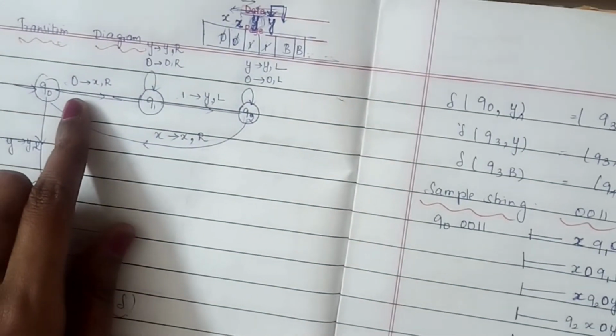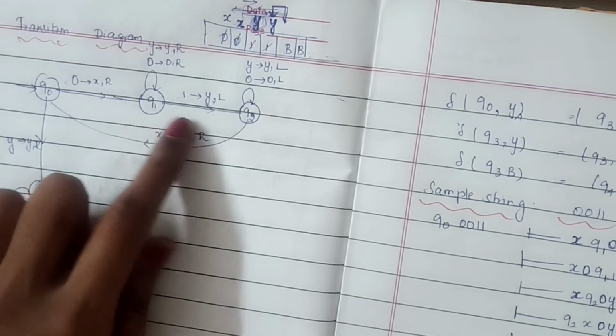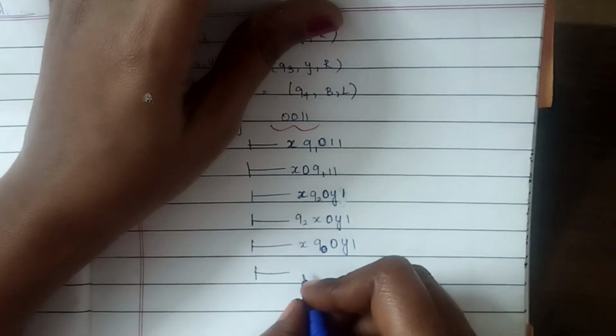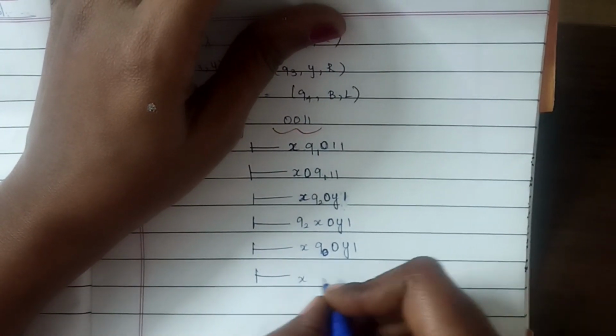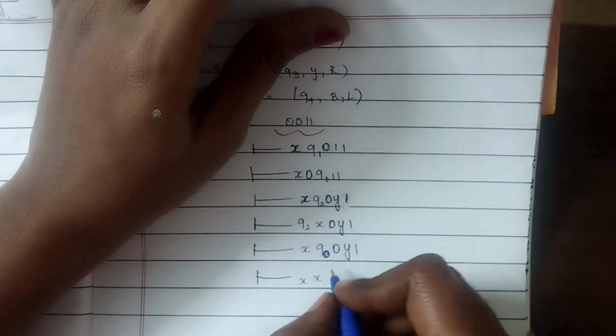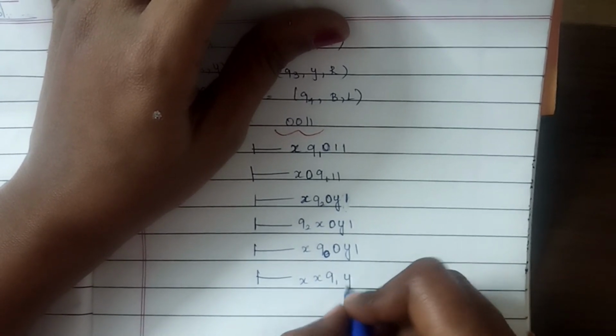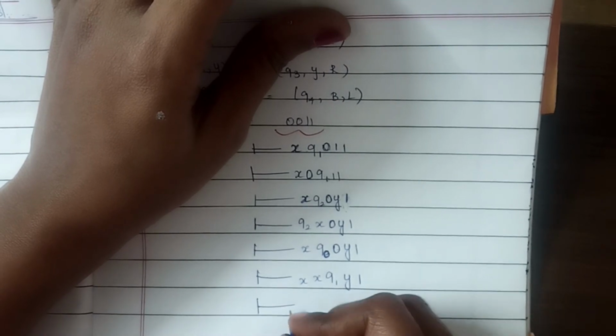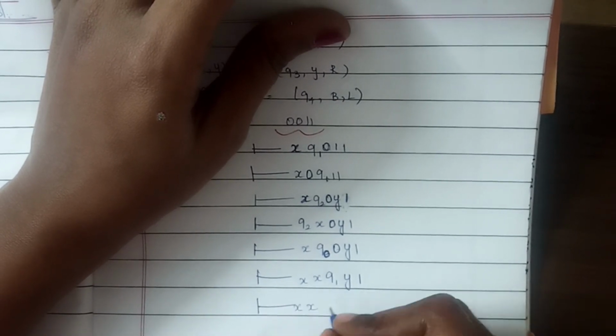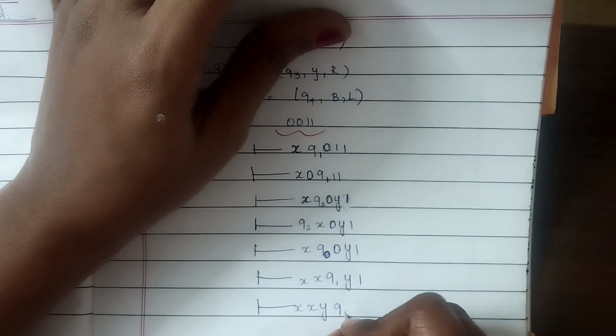Again you'll have Q0 on 0. So Q0 on 0, you change to Q1, and it has to be on the right side. So we'll have X Q1 Y 1. After that we'll have X Y Q1 1.